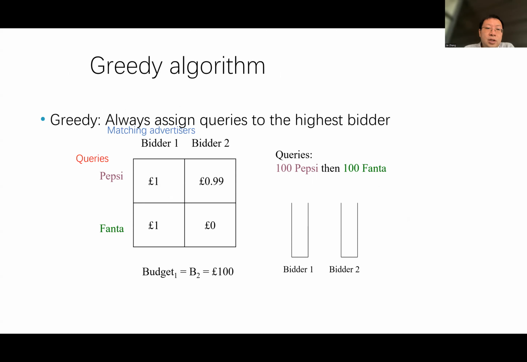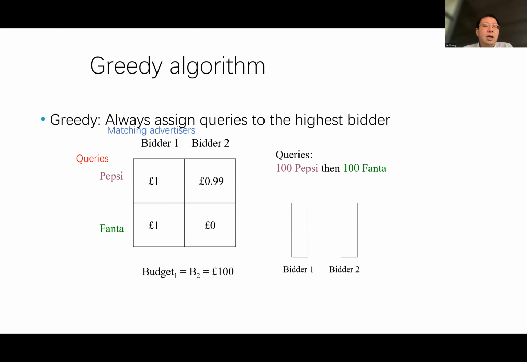So let's say that we have two bidders. The first bidder is interested in Pepsi and Fanta. The second bidder is only interested in Pepsi. And bidder one's bidding price on Pepsi is slightly higher than bidder two's.